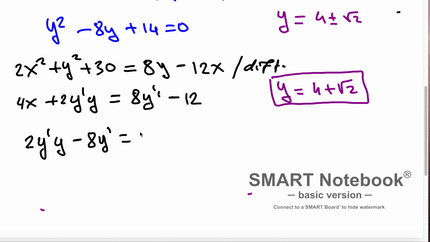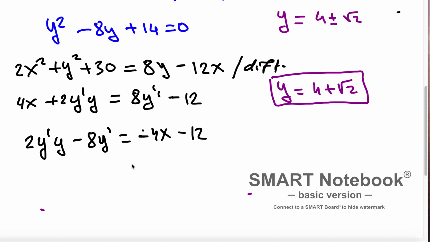Let me check whether I made any mistake here. I have negative 4x minus 12. Okay, that's what I have here.